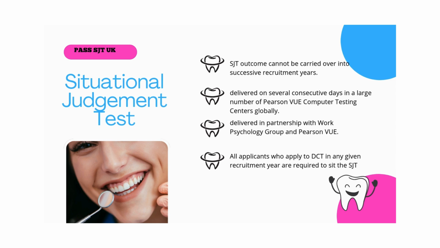It's open for a few days so that you can book your appointment to sit for that exam as per your schedule. All right, and every year if you have to sit for DCT you have to sit for this exam. Okay, if somebody has given the exam for DCT 1, then you will have to give it for DCT 2 a year later as well.